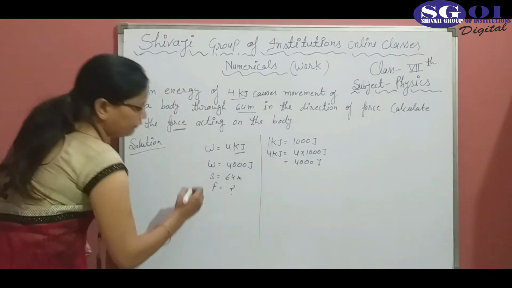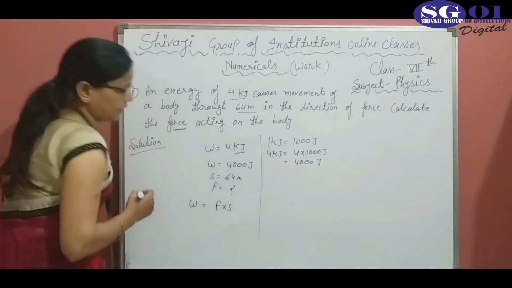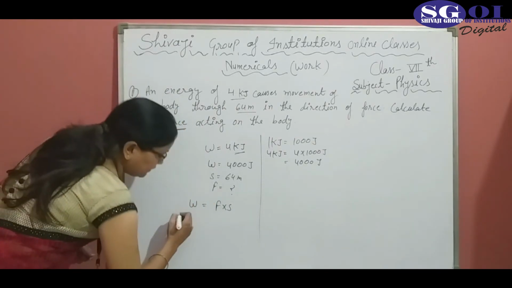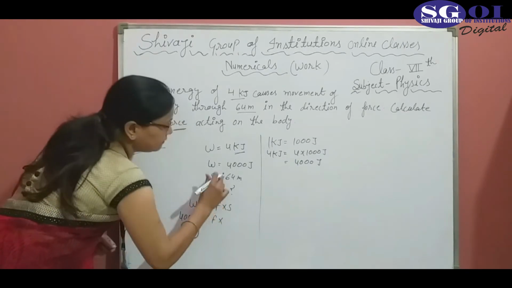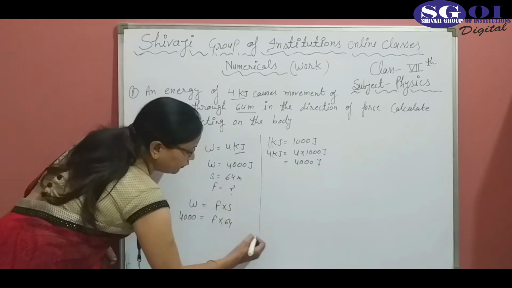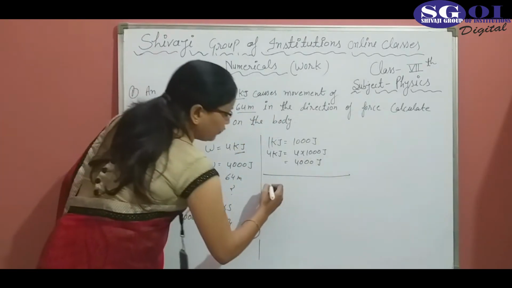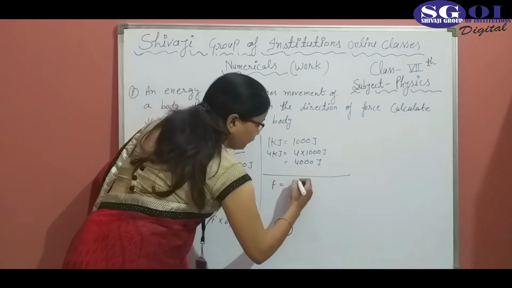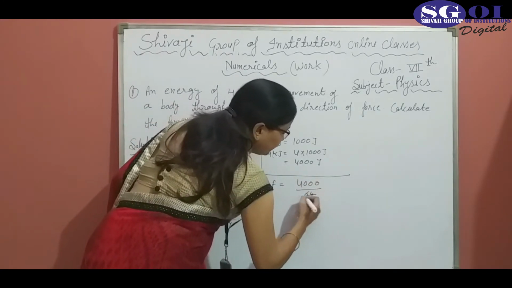The formula of work done is force into displacement. Here work done is 4000 and displacement is 64. So force equal to 4000 divided by 64.